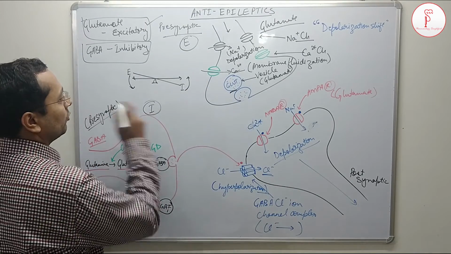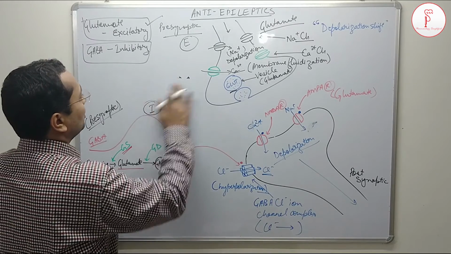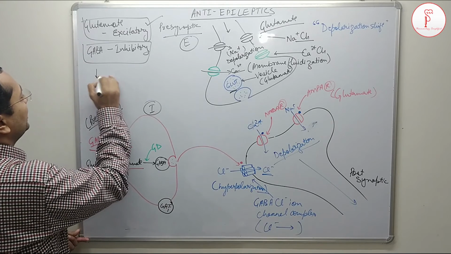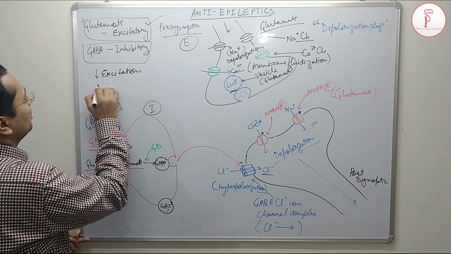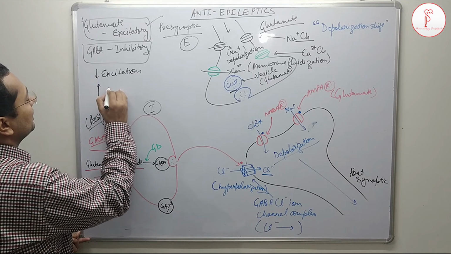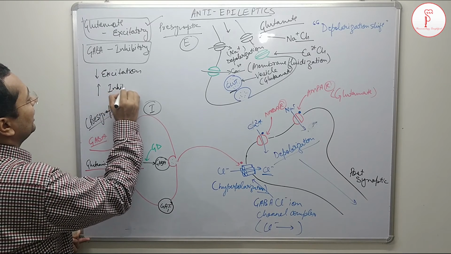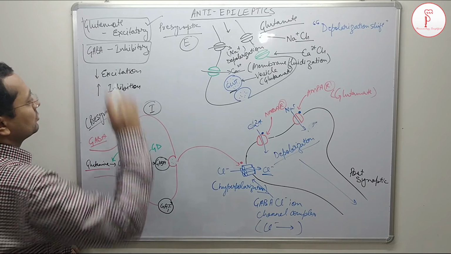So what we have to do is reduce the excitation in the brain, and partially increase the inhibition in the brain.